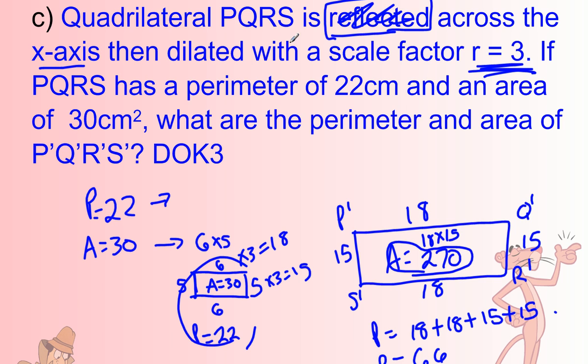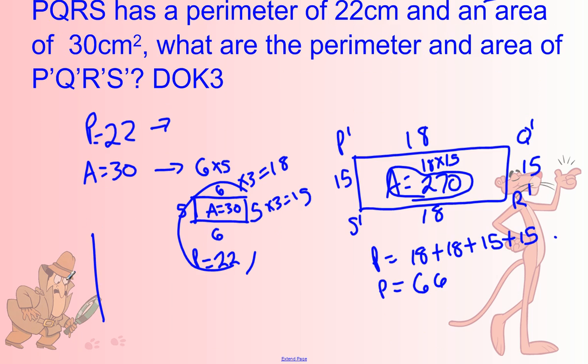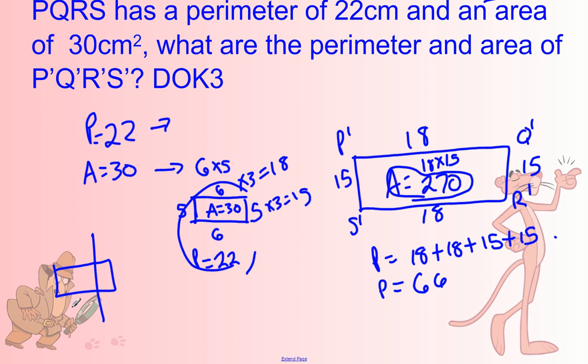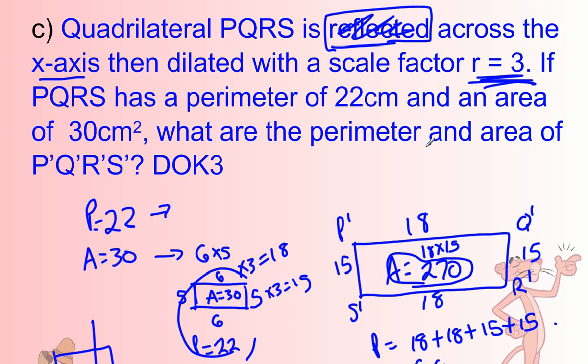It doesn't even tell us the coordinates of anything, so we couldn't even do a model or a sketch. Now I guess you could have made a little sketch showing, oh, I have this rectangle over here, and if it's reflected across the x-axis, then it would be down here now. But that still doesn't help you with solving the problem. The only thing that really had any effect was the dilation and scale factor of 3.